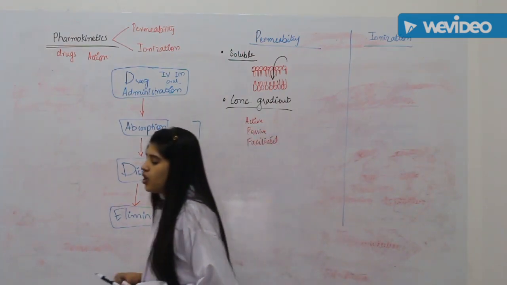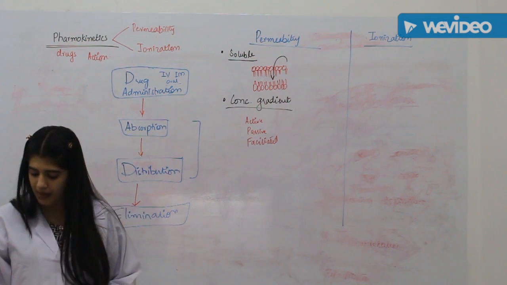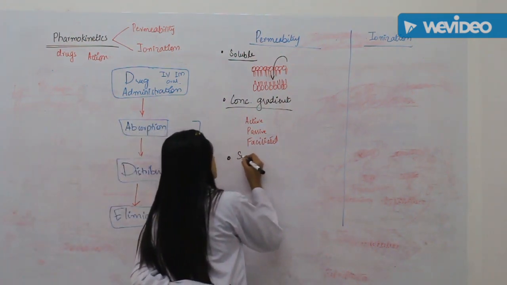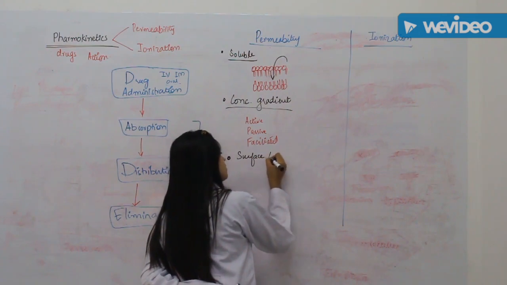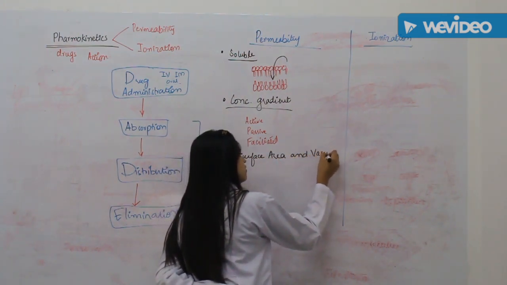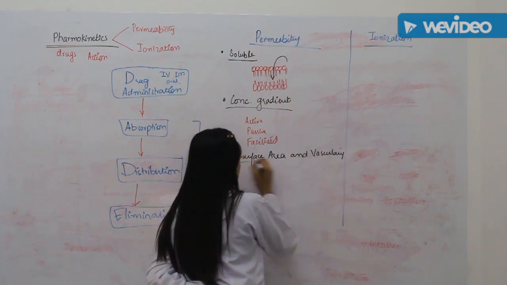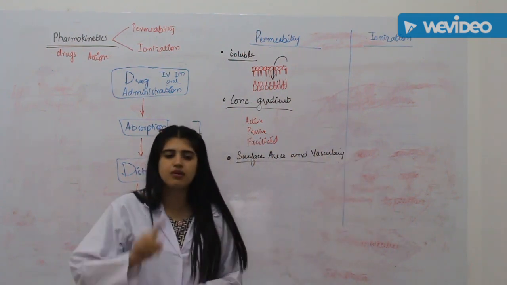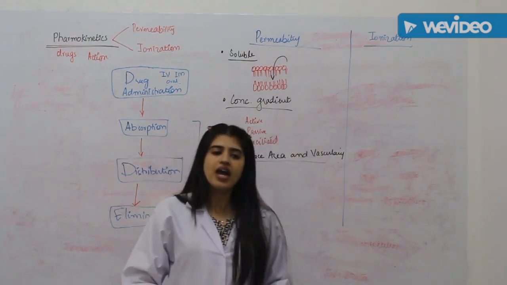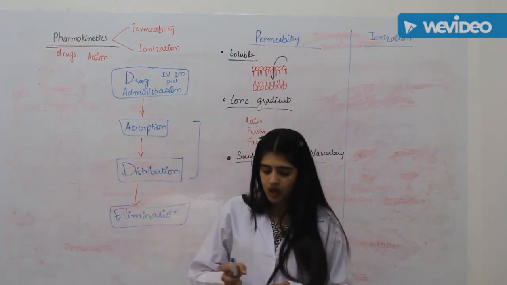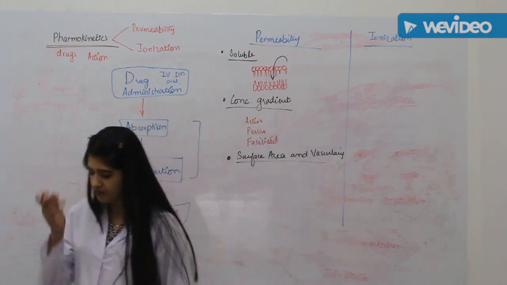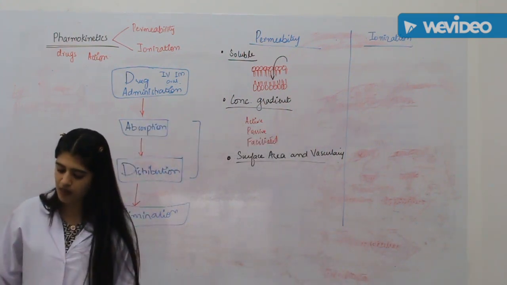And the third thing we are going to see in permeability is the surface area and vascularity. If the surface area is large, more can be absorbed. If the surface area is low, then less can be absorbed. And vascularity means how much is in the blood vessels.